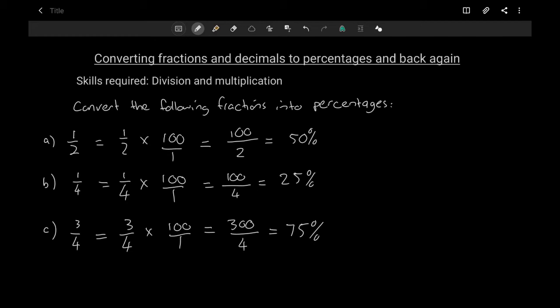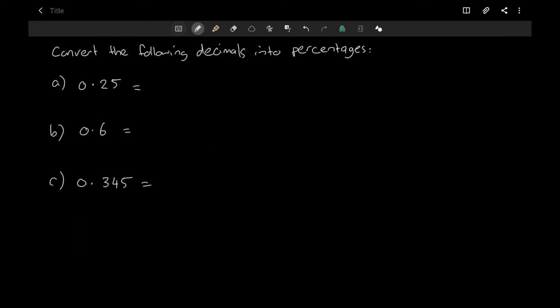Now let's take a look at how we convert decimals into a percentage. Let's take a look at the first example, which asks you to convert 0.25 into a percentage. Again, the rule is exactly the same. When you're converting a decimal to a percentage, you multiply that decimal by 100. So let's do that. 0.25 multiplied by 100.